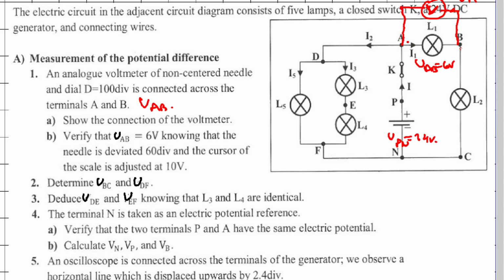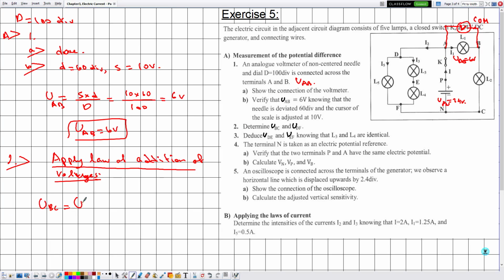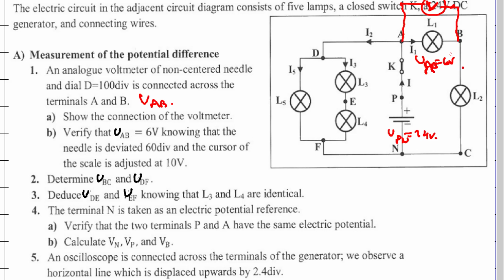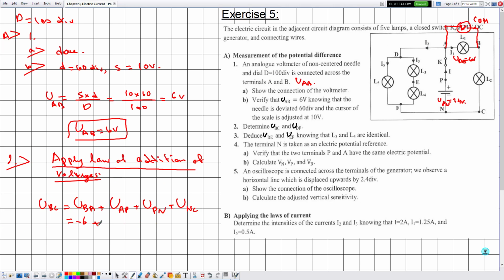We can go from B to A, A to P, and P to N, and N back to C. Now UBA, if UAB is equal to 6, then UBA is minus 6. Now UAP is 0 because across AP we have a closed switch.